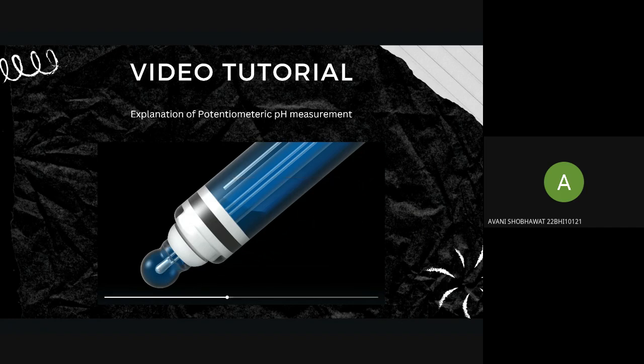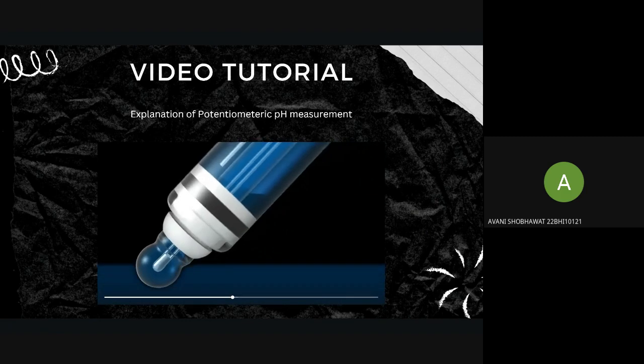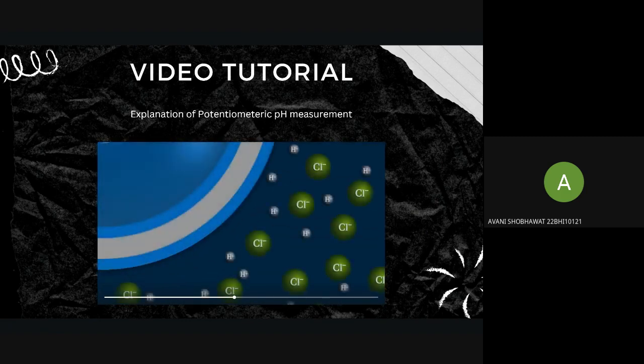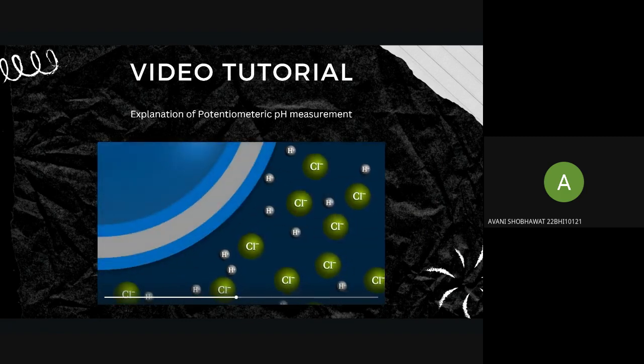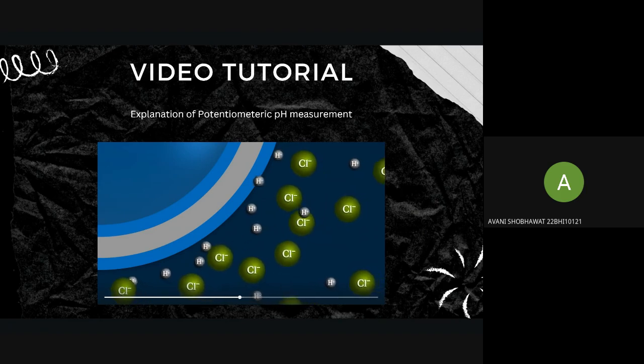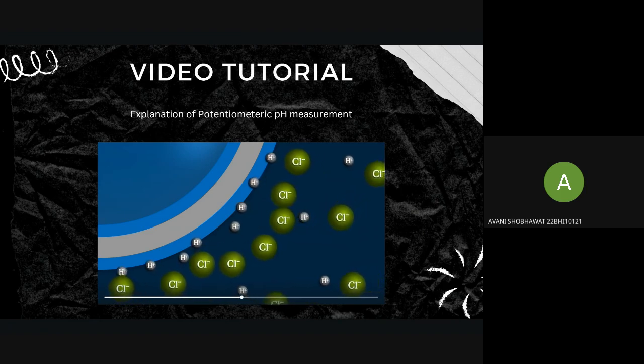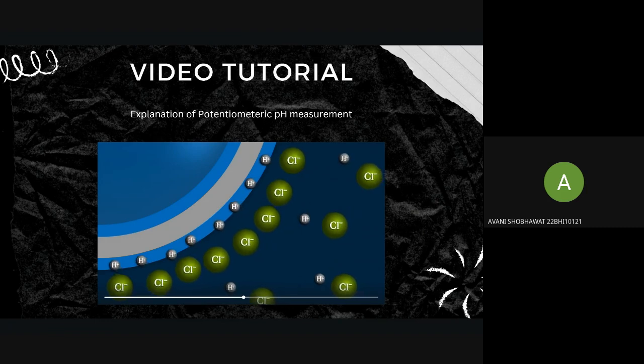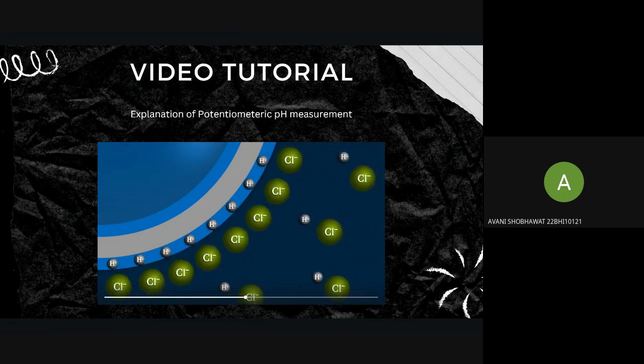Let's take a closer look at the pH-sensitive glass bulb to understand how this potential difference is formed. Diluted hydrochloric acid, for example, contains large negatively charged chloride ions and small positively charged hydrogen ions. When the pH sensor is immersed into this acid, the hydrogen ions are able to penetrate the boundary area of the glass membrane, the so-called gel layer.